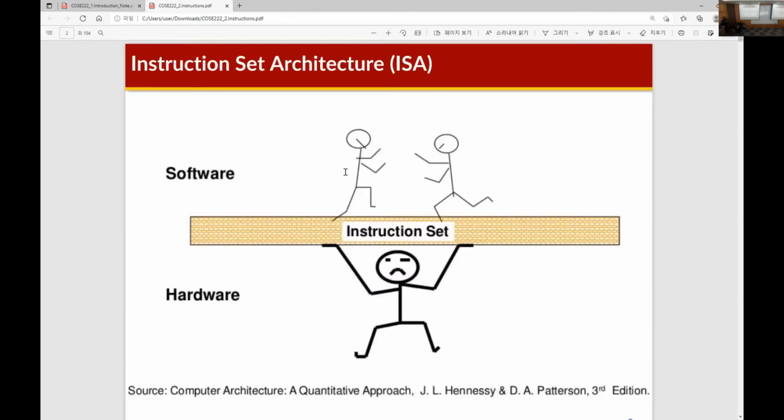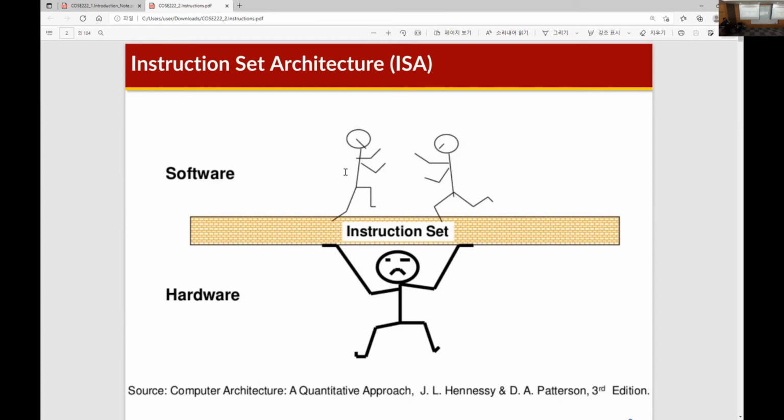So let's see this figure. You can find this figure in some advanced computer architecture textbook, covered in the advanced computer architecture course.